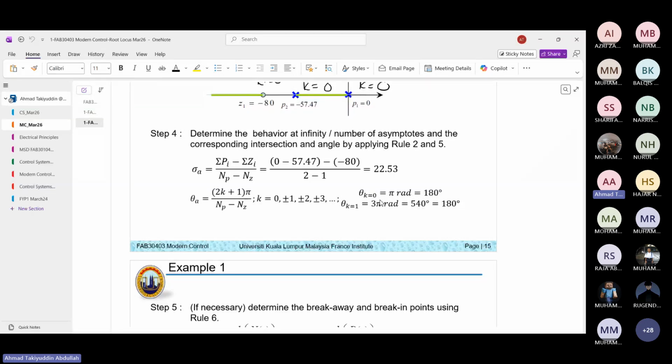As we take k to be equal to 3, then we are going to have the value as 420 degrees. This 420 degrees is the point at which it will repeat the same angle of 60 degrees. Got the idea?